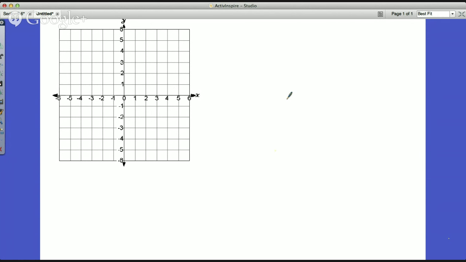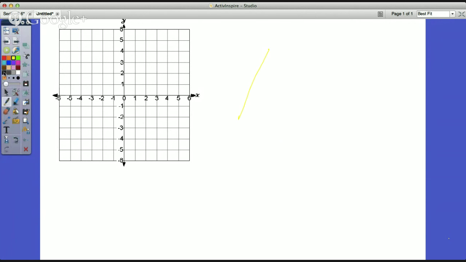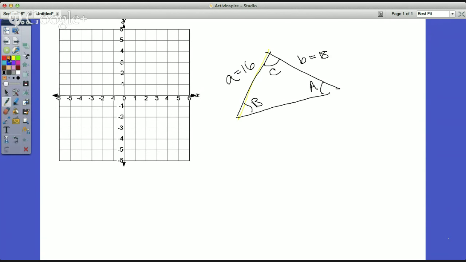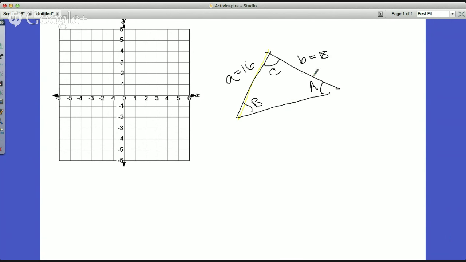So in this one specifically, we are given that within this triangle we have a equals 16, and we know that the angle A is always across from my side A. We also know that b equals 18, where the angle B is across from side B. And then obviously we have angle C. Now, we do know that angle A is equal to 60 degrees.